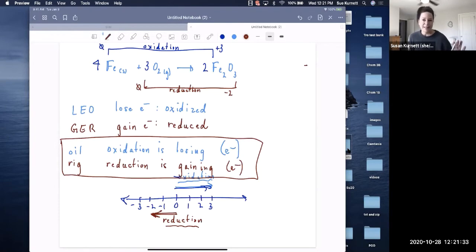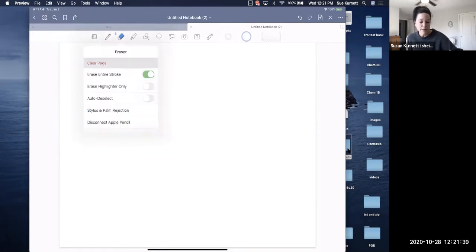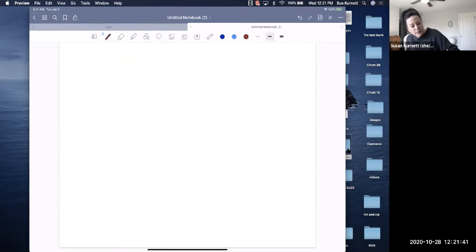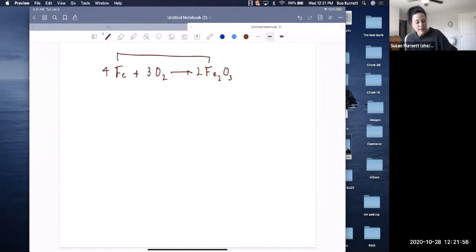Okay, and now I'm going to add 2 more vocabulary words, and then we can get started with some oxidation number questions. When iron became iron 3, and iron lost electrons, lose electrons, oxidized.